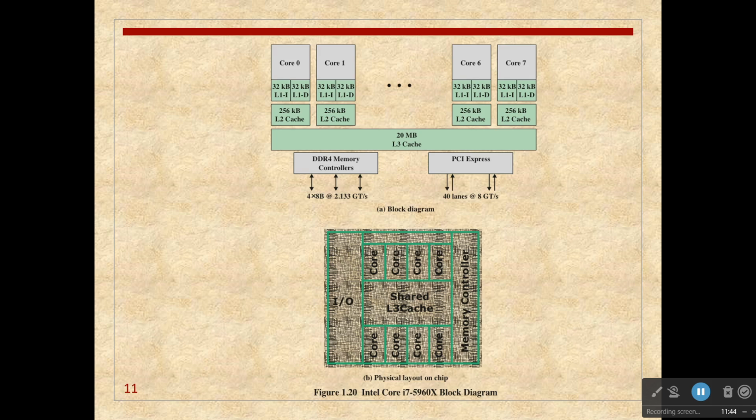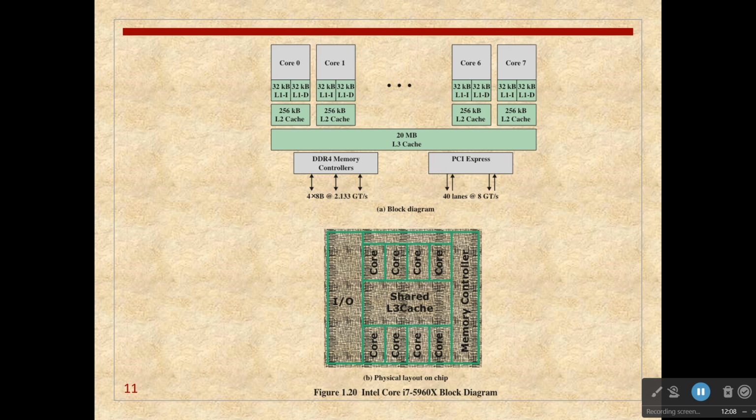One mechanism Intel used to make its cache more effective is prefetching, in which the hardware examines memory access patterns and attempts to fill the cache speculatively with data that's likely to be requested soon. Figure 1.20b shows the physical layout of the 5960X in its chip.